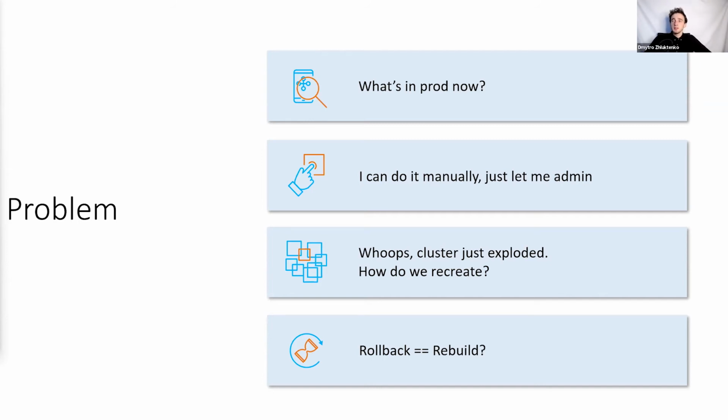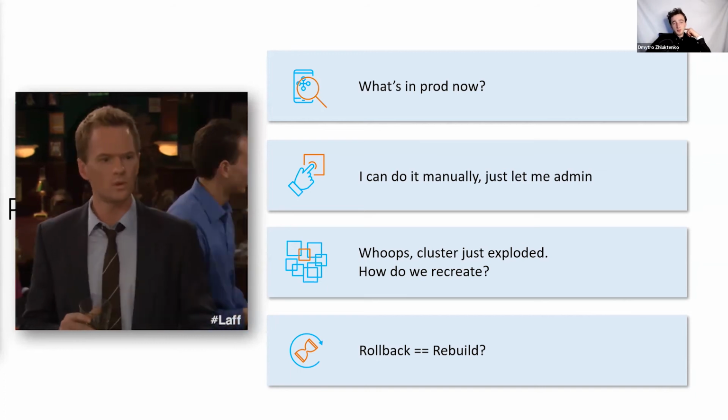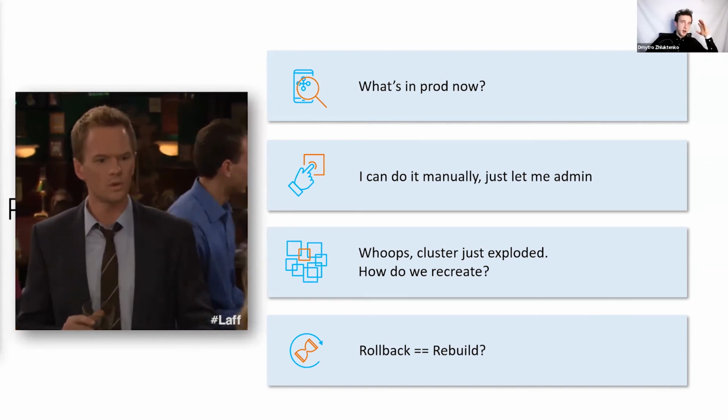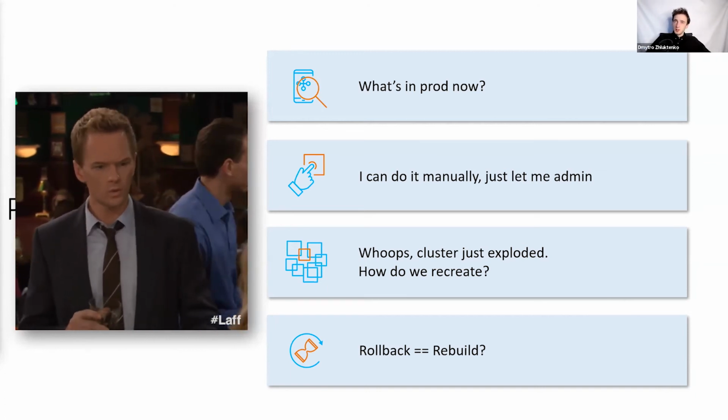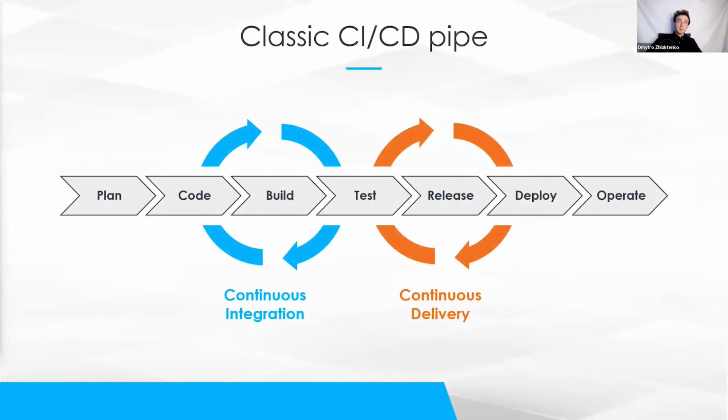What actually happens if your cluster explodes? You have to run all of the pipelines from scratch, and just running the pipeline in most cases means doing the rebuild. I've seen rebuilds take up to 5 hours, which is a disaster, 5 hours of downtime, if you ask me.